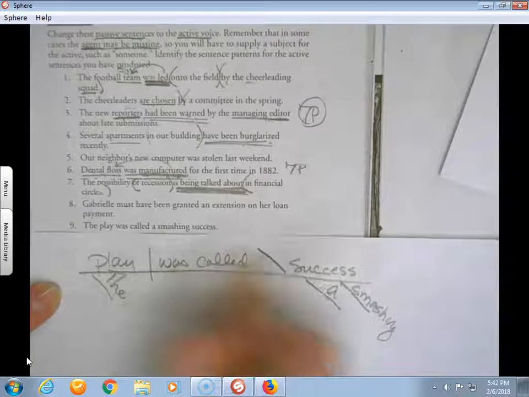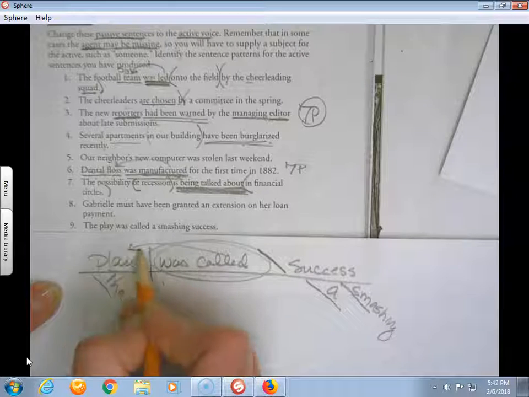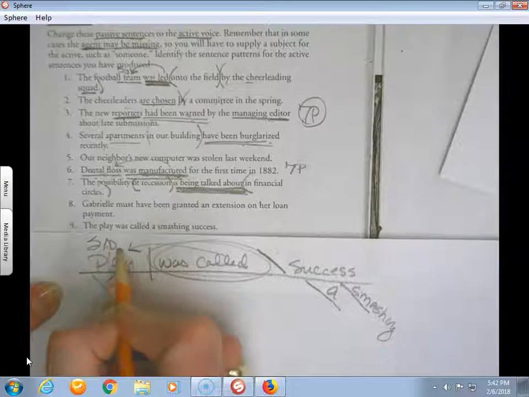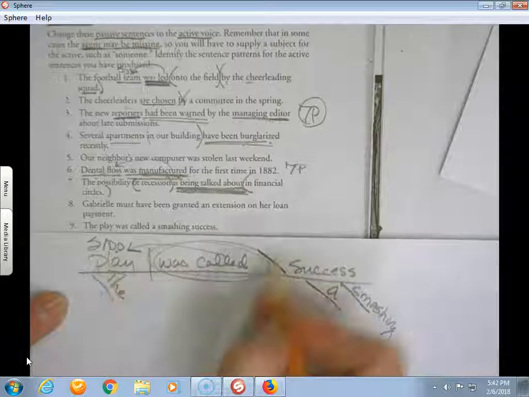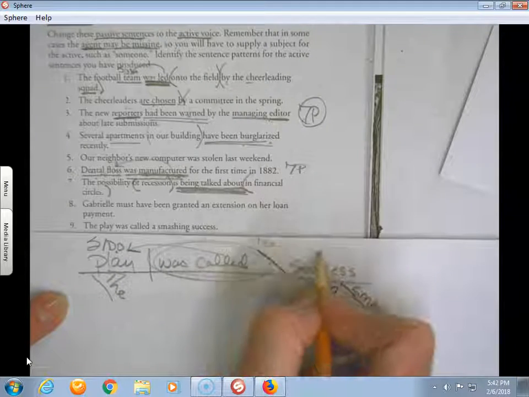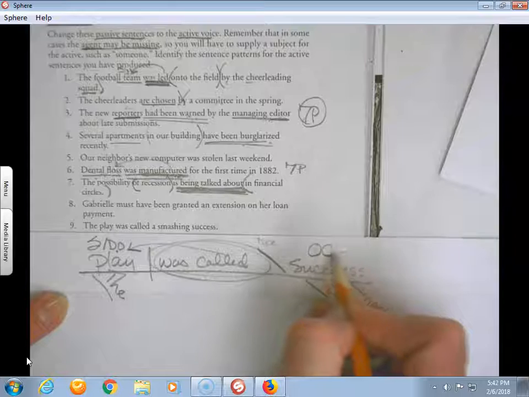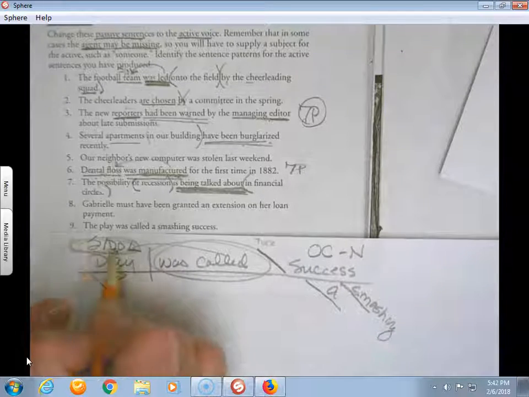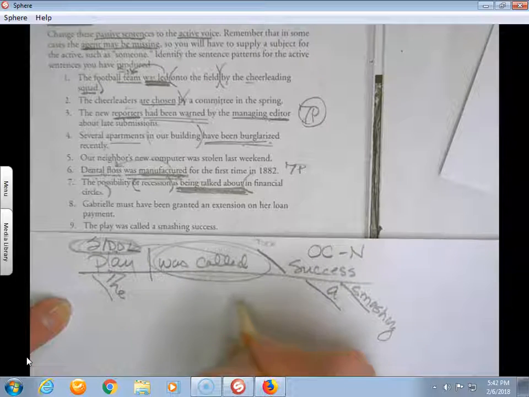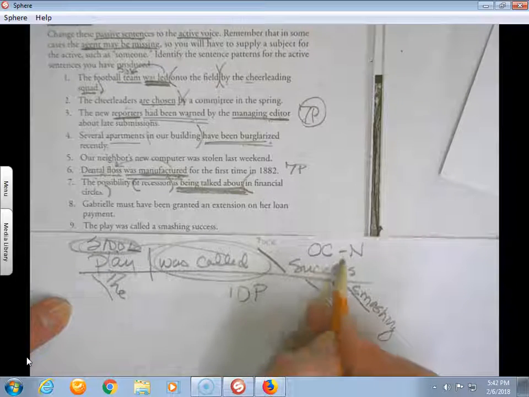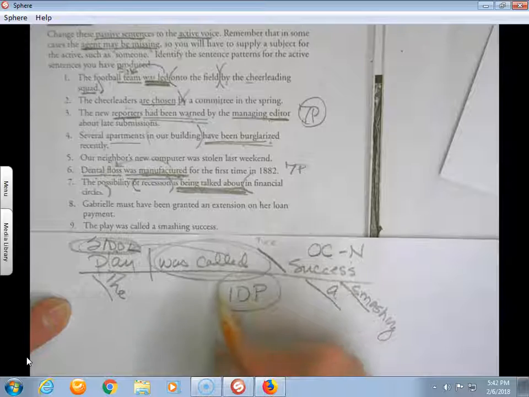So what got called? The play got called. So there's our subject, but there's also our direct object. It was called to be or as a success. So that makes this our object complement noun. So this is passive because the direct object is in the subject slot. It's a pattern 10P, because it also has an object complement, which is a noun.